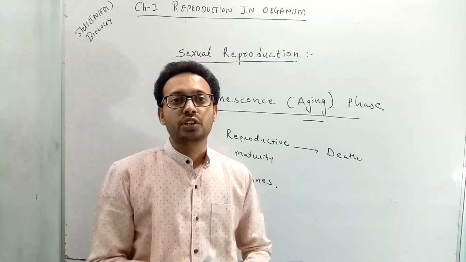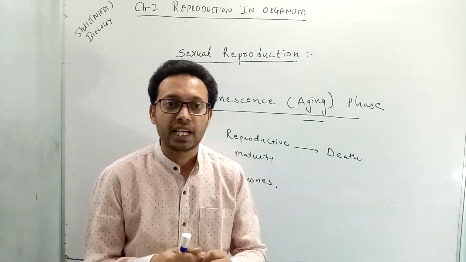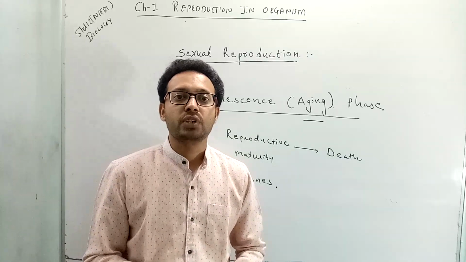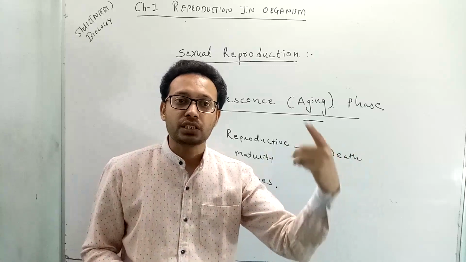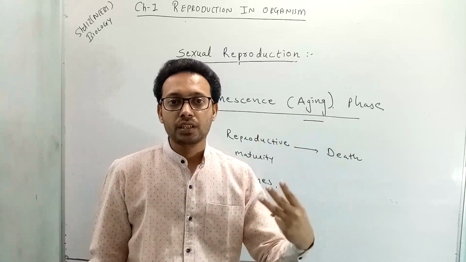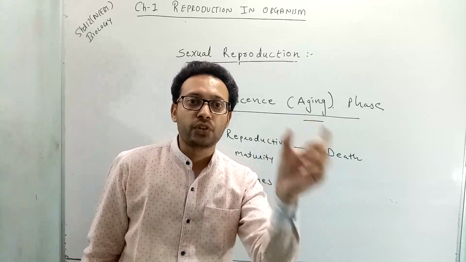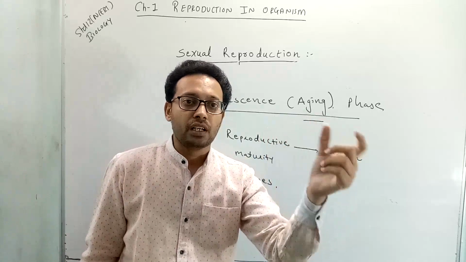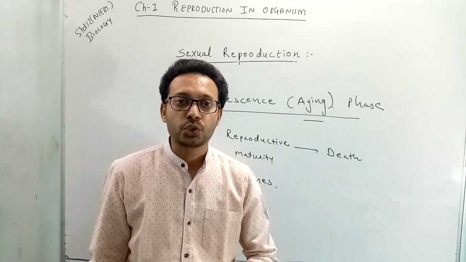The sexual reproduction process is a more complex, more elaborate process, and it's a slow process compared to asexual reproduction. Just see a definition of these main three phases: juvenile phase, reproductive phase, and the senescence phase. The juvenile phase means it's a phase of growth, a time period between birth and when it becomes sexually mature. This is called the juvenile phase.